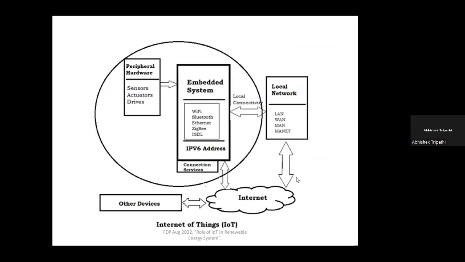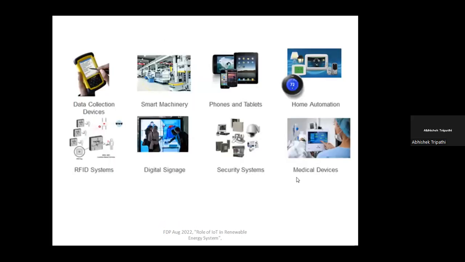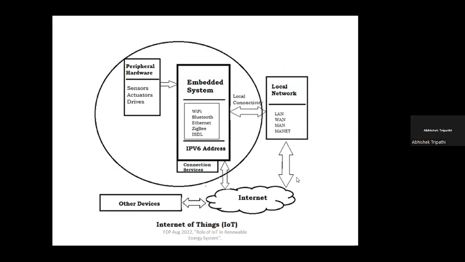So let's see what is inside these smart objects. These smart objects will have internet connectivity. A single device will be connected to the internet, and it will be connected to other devices through the internet. Then this object will have some local connectivity using LAN or WAN.